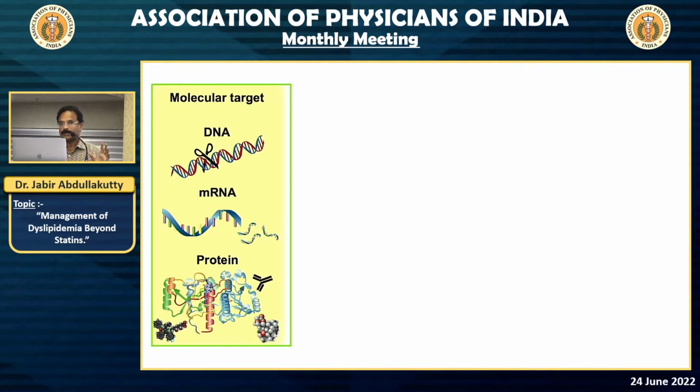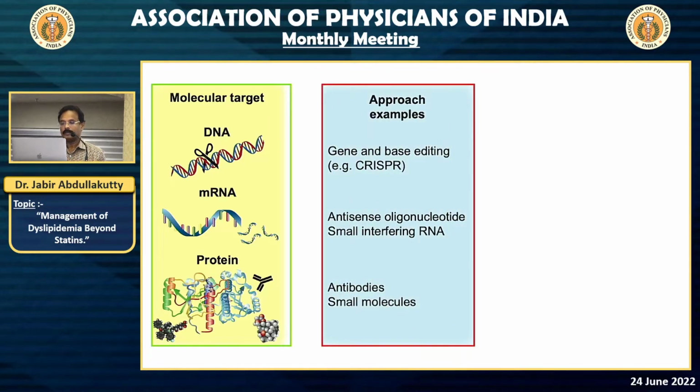So the molecular targets are either DNA, mRNA, or the protein per se. So the scenario is changing, the horizon is widening regarding the lipid lowering agents. Now we are considering the possibility of gene editing for controlling the dyslipidemia, or to keep the LDL cholesterol the lowest possible.